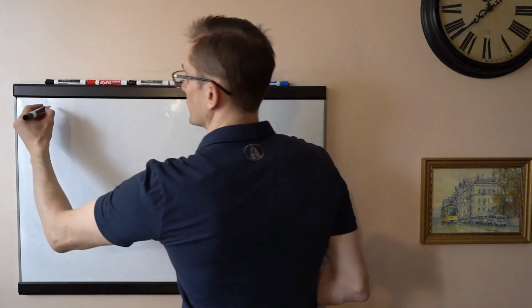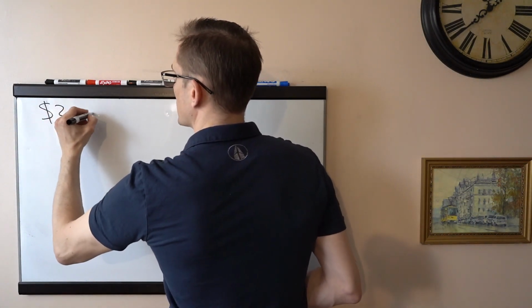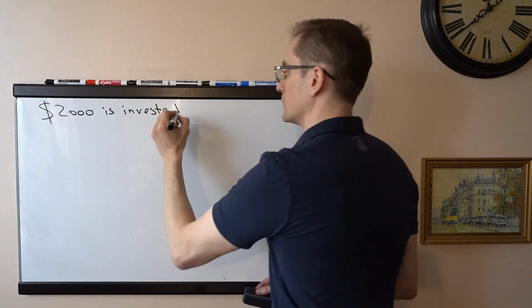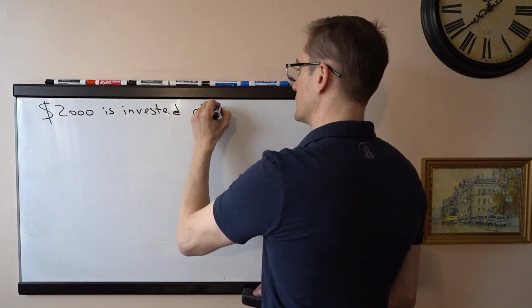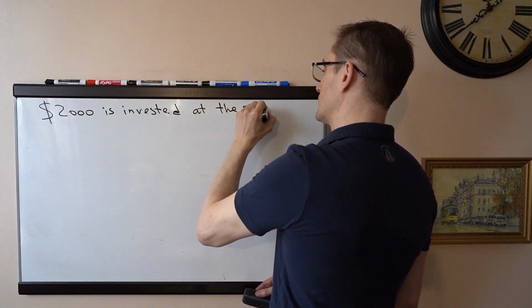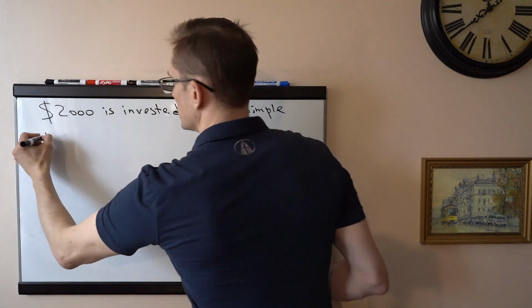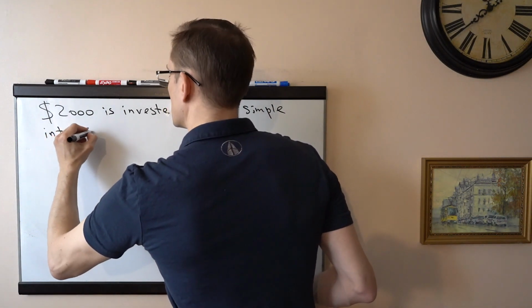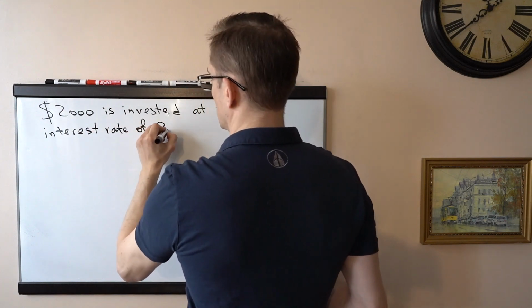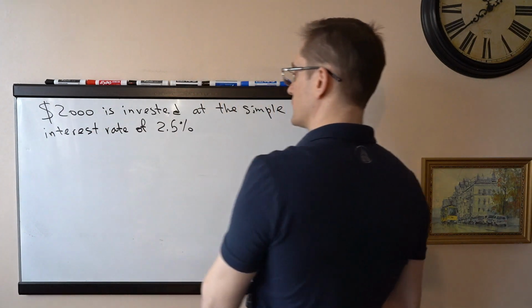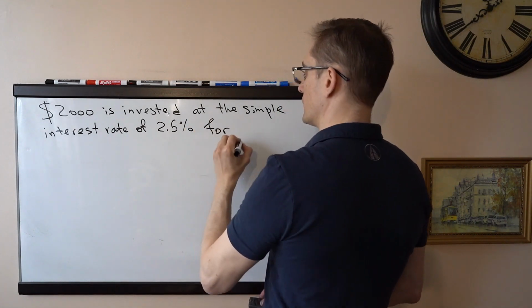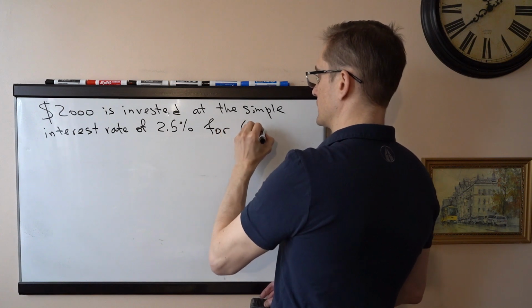Consider this example. $2,000 is invested at the simple interest rate of 2.5% for 6 months.